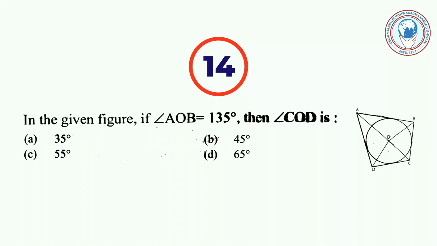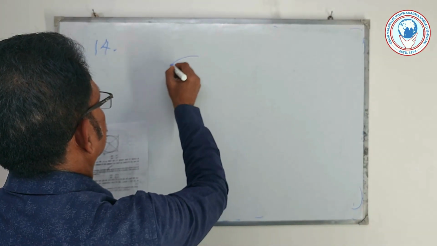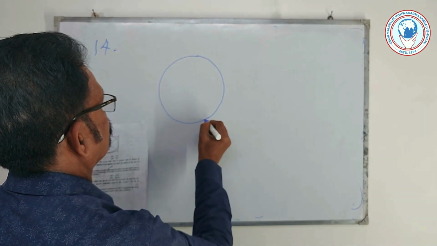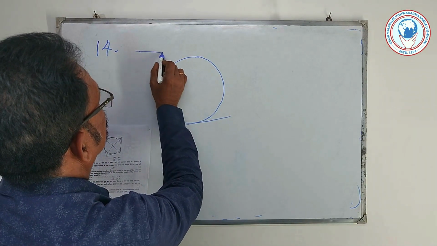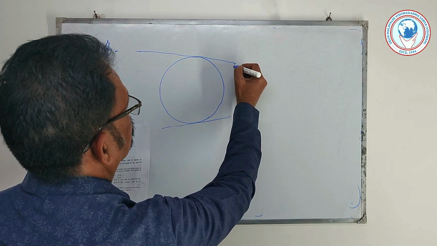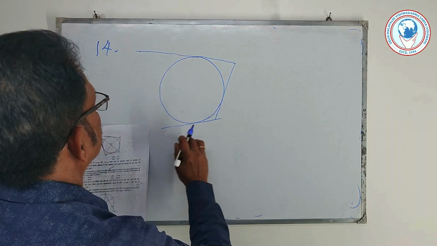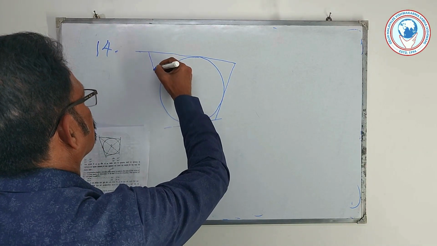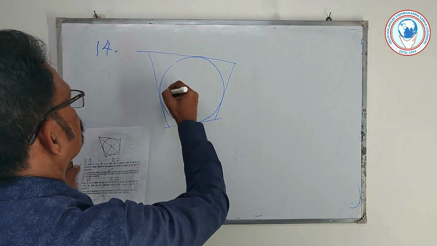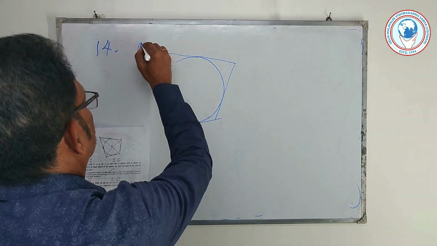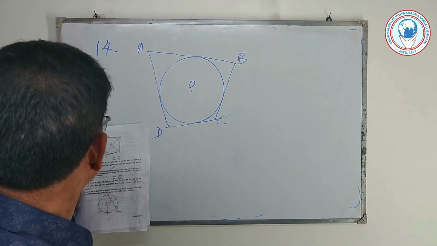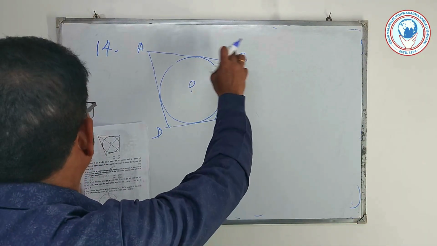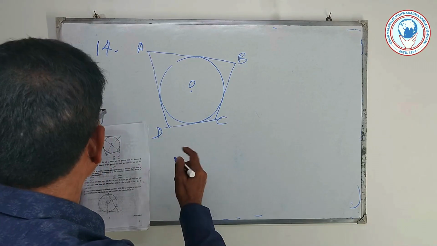Now question 14. In the given figure, angle AOB is equal to 135. So angle COD. O is the center of this circle, where AB, BC, CD, AD are tangents.